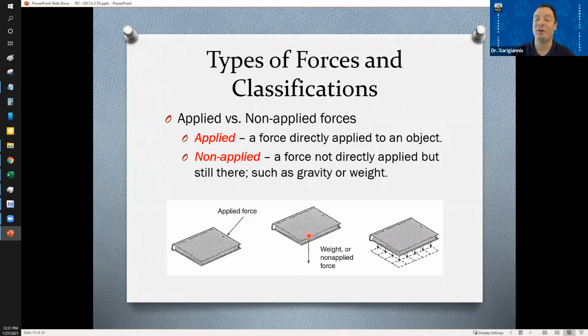We tend to write the weight as a single arrow at the center of gravity of something. And we're going to talk about centers of gravity later on in the course, but that's a simplification we make. We talk about the center of gravity of an object.